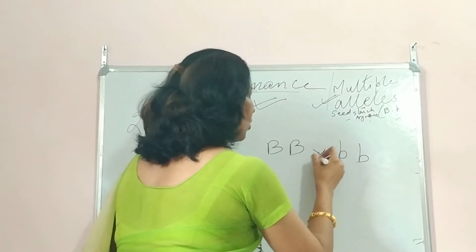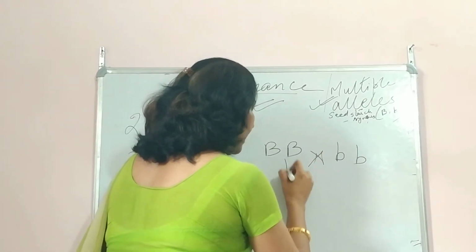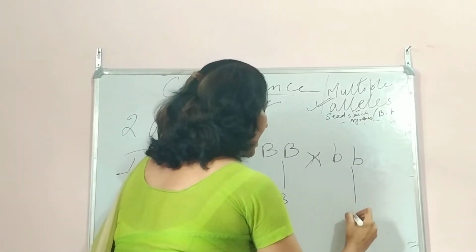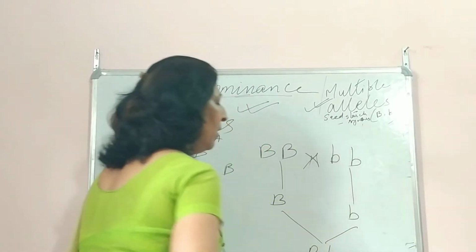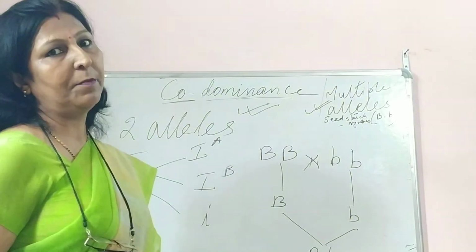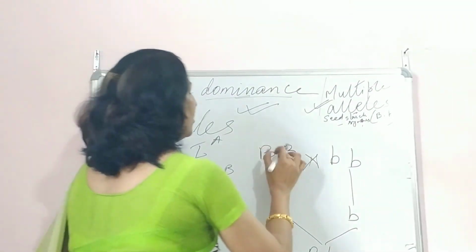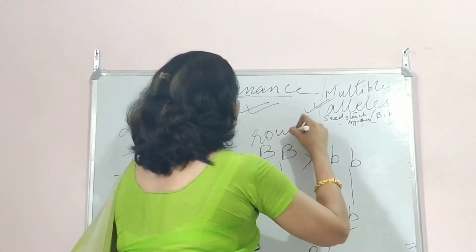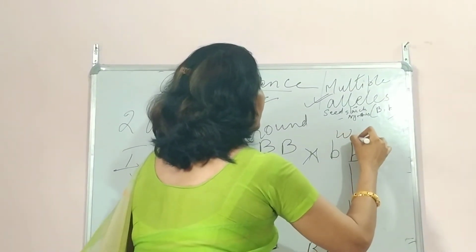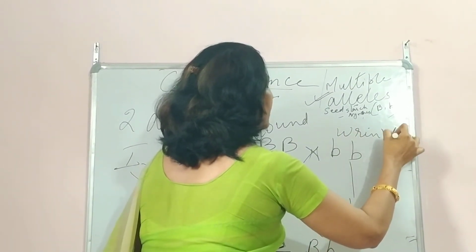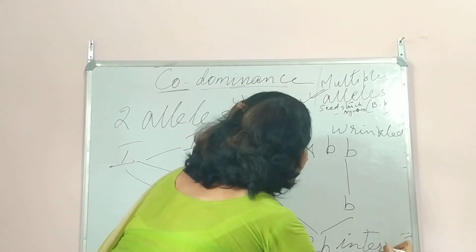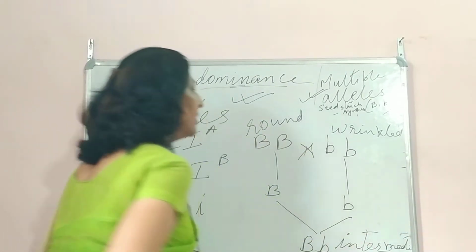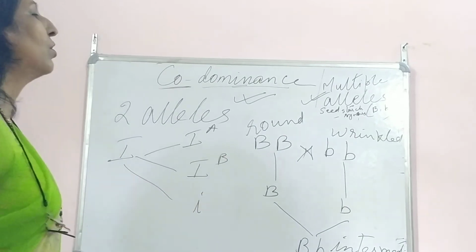So when this is crossed, we have capital B, over here we'll have B, and at the end in F1 we have capital B and small b. So again this is intermediate over here. So this is another one, this is completely round, and this will be wrinkled, and this will be somewhere intermediate in size. Got it? So again 3 sort of alleles.